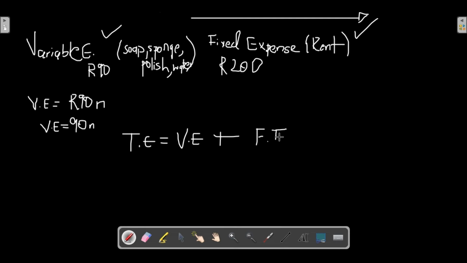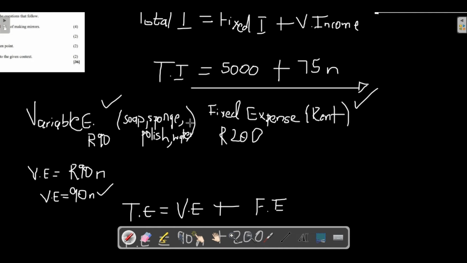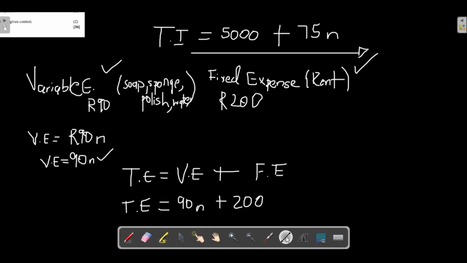So always start with the variable expense equation. So it will be 90n plus the fixed expense, which is 200 rands. This will be the total expense that you have incurred at the end of the month, and that will be the total income that you have received at the end of the month.